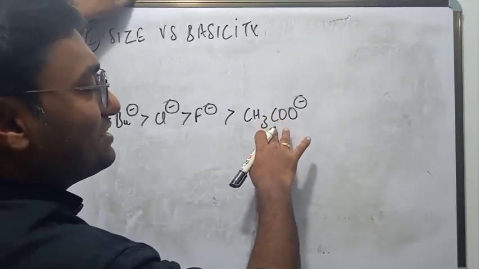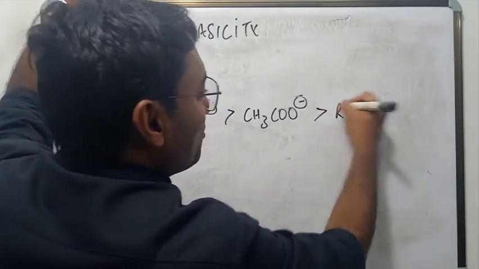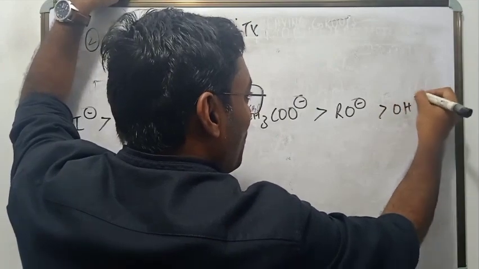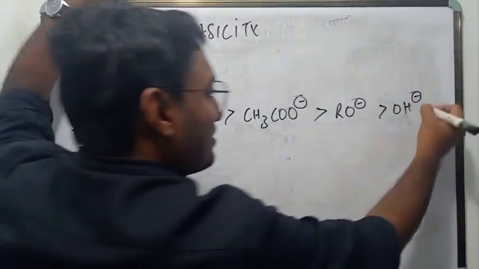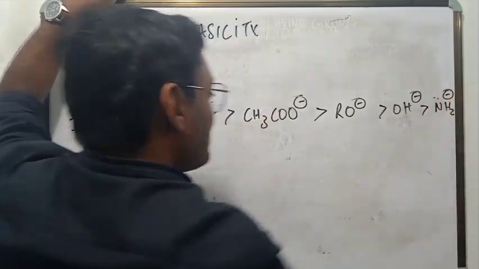After that alkoxide, after that hydroxide, and after that NH2 minus. So this is the order of leaving groups.